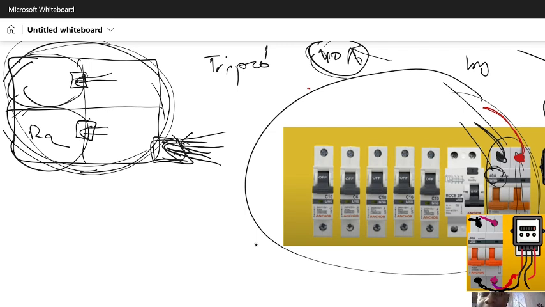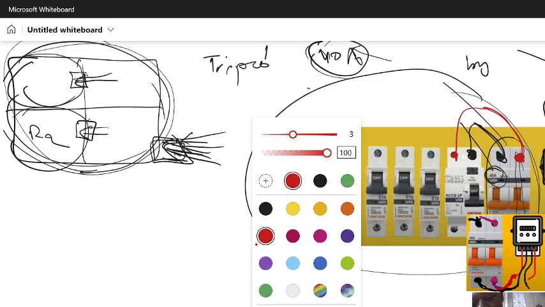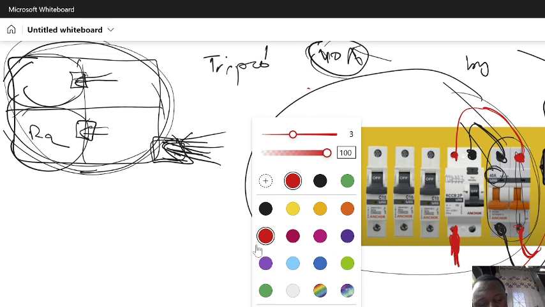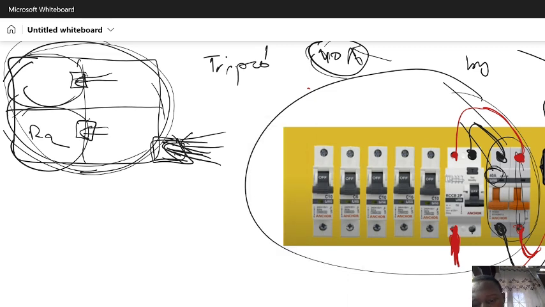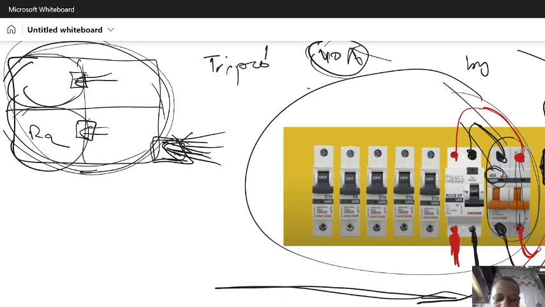Let's say I connect it to another MCB, another circuit breaker. Same thing, this live is connected from here, and the neutral connected to here.